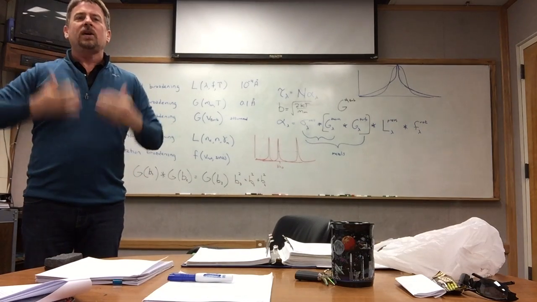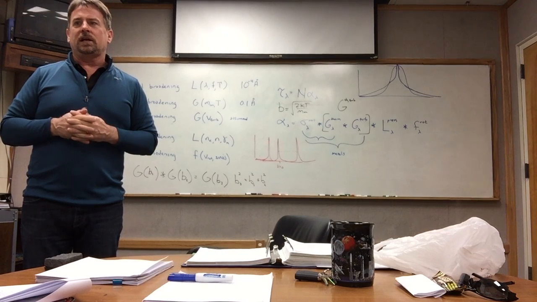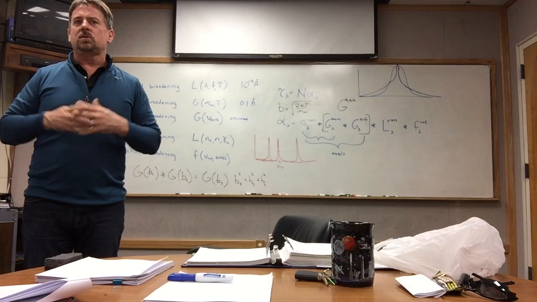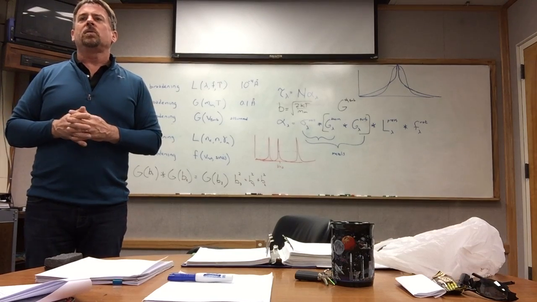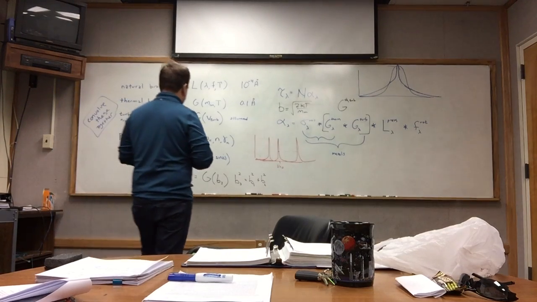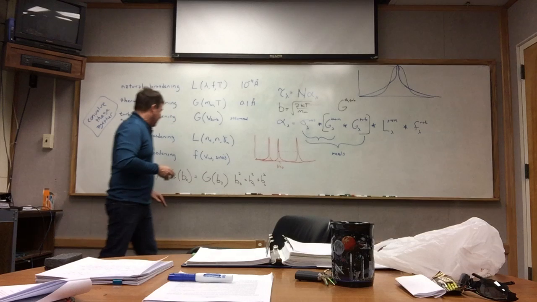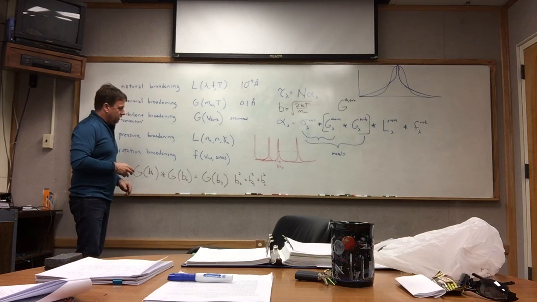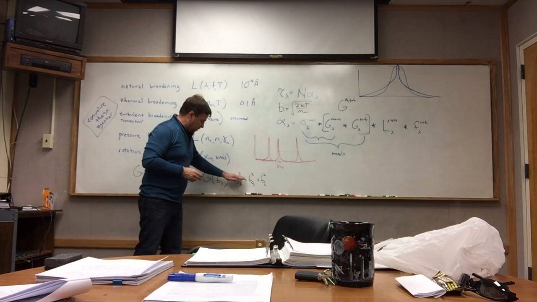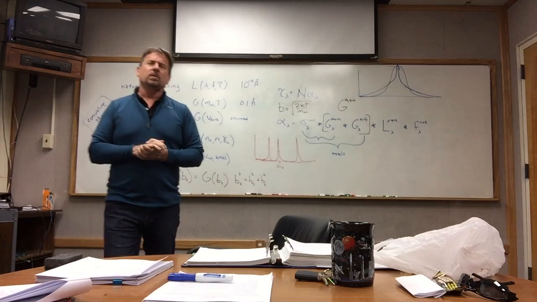Now in my business, I don't worry about turbulent velocities. I'm just doing intergalactic clouds or halo clouds, and we just assume there are no turbulent motions within them. We just assume some Doppler parameter and go straight ahead and assume that it's all thermal. But we could say that the Doppler parameter we get out of our fits is some quadrature sum. We do that in some cases, actually.